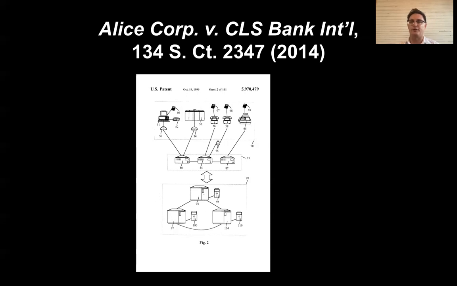Doing things on a computer is really kind of de rigueur in today's day and age, and you haven't specified anything special about the way that you're using this concept, this abstract idea of mitigating third-party settlement risk in order to accomplish anything actually that qualifies under the patentable subject matter requirement. On a computer doesn't materially change the abstract nature of the idea that you're claiming.